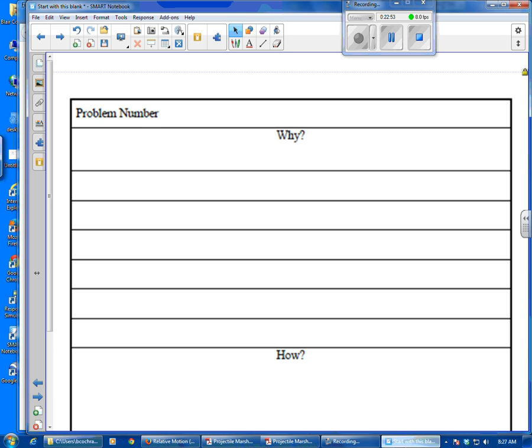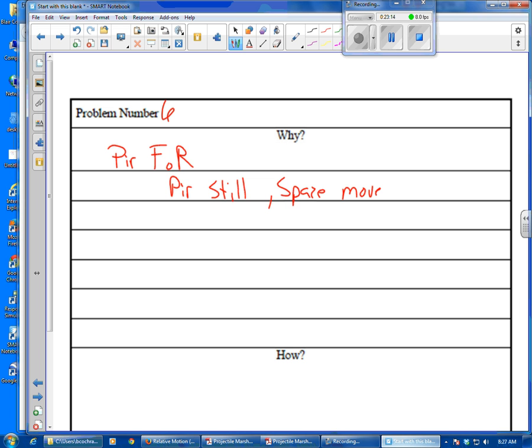So we'll do pirates' frame of reference. Pirates are still. Space moves left. Police move right.